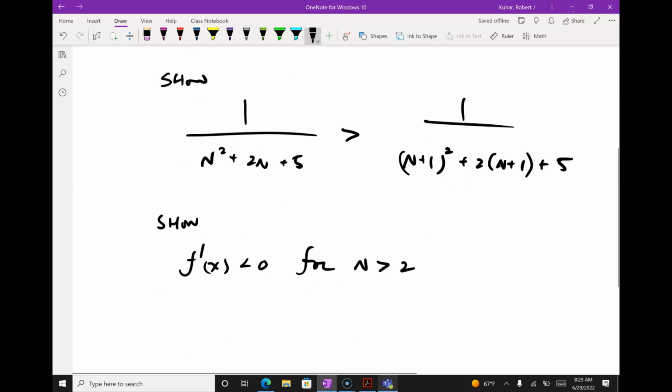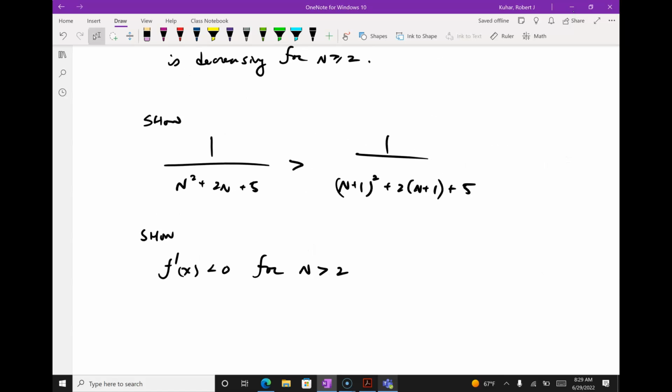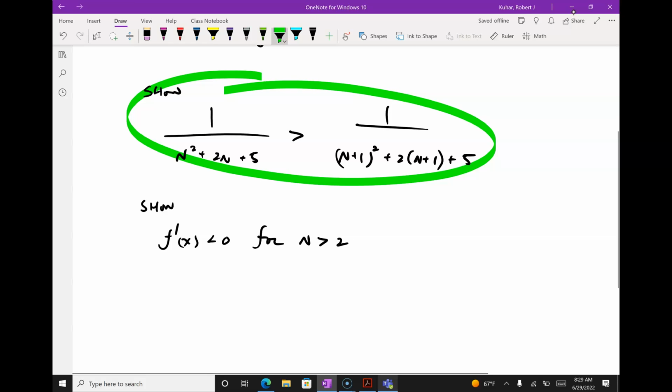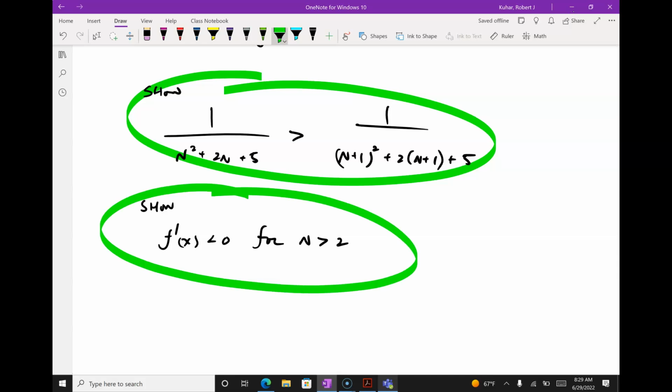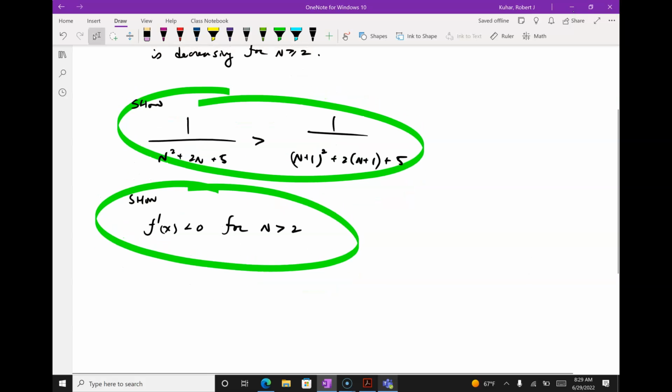So the two options there: I could show that a term is bigger than the very next term, right? Your choice on the exam for sure. Let's do them both now.